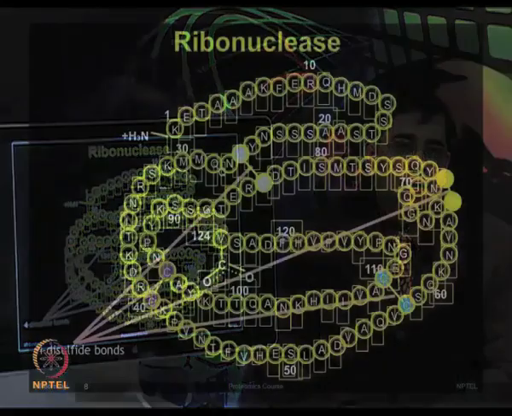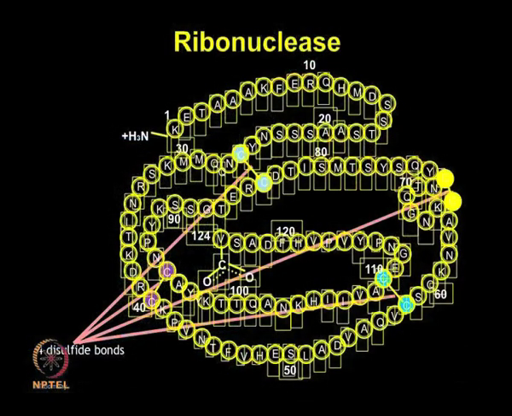So, let us look at each one of these components in a little bit more detail. First, let's talk about the ribonuclease A protein. This protein has contributed greatly to our understanding of protein folding in vitro from the landmark experiment of Anfinsen.